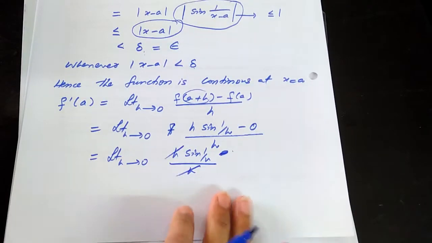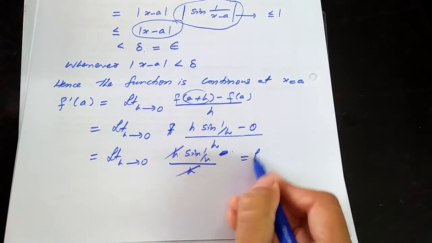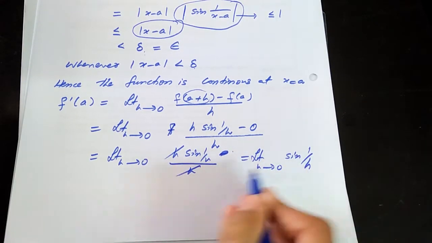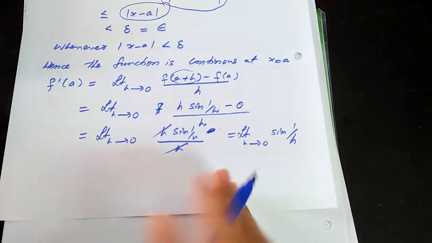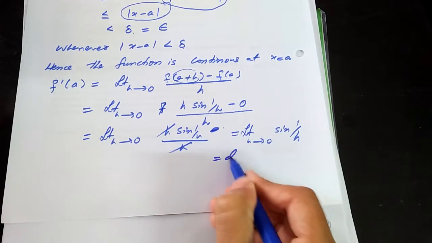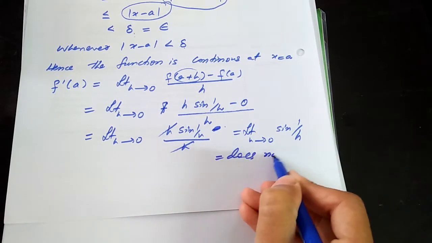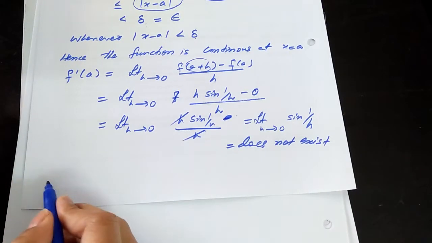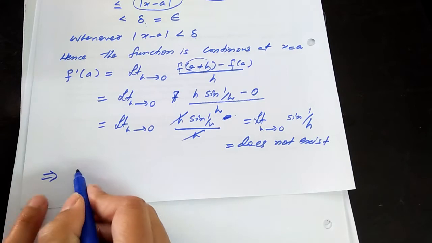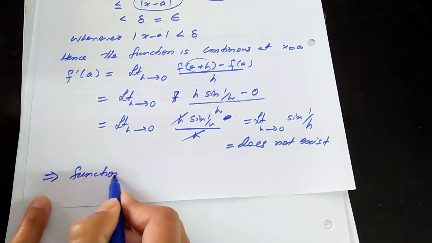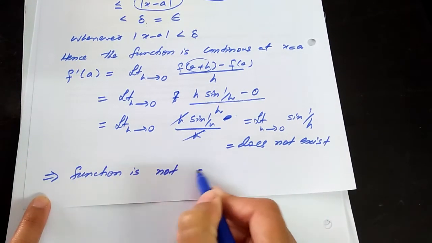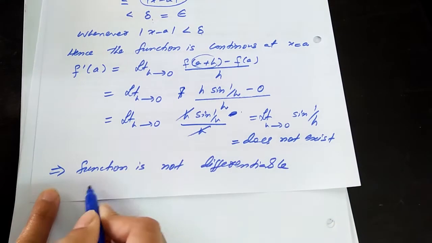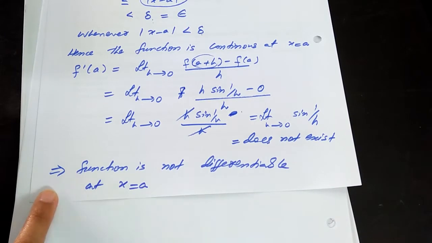This h and h cancel out, so we are left with the limit as h approaches 0 of sine of 1 over h. And we know that this does not exist. So this implies that the function is not differentiable at x equals a.